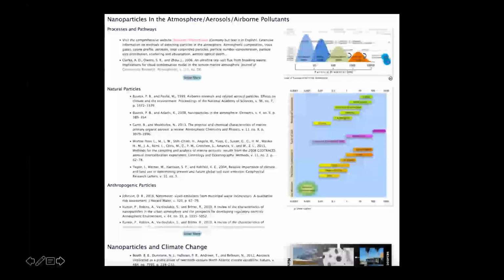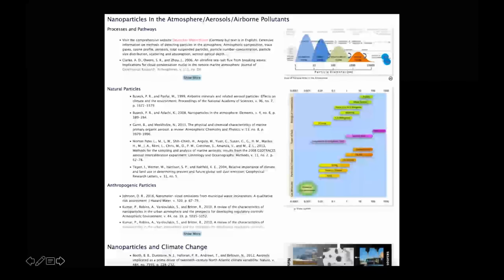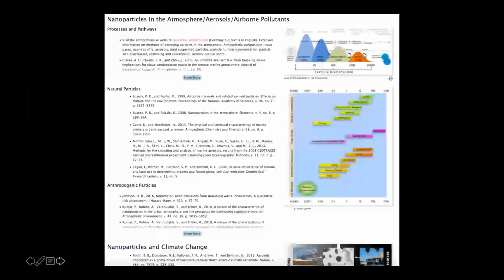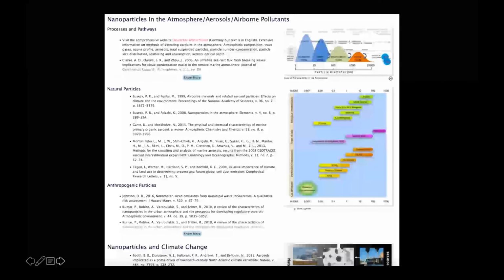Here's an example of some topical issues such as nanoparticles as airborne pollutants, and these could be natural particles, the pioneering work of Peter Busick and his colleagues looking at airborne nanoparticles, anthropogenic particles as a result of coal combustion and so on, and nanoparticles as they relate to climate change.